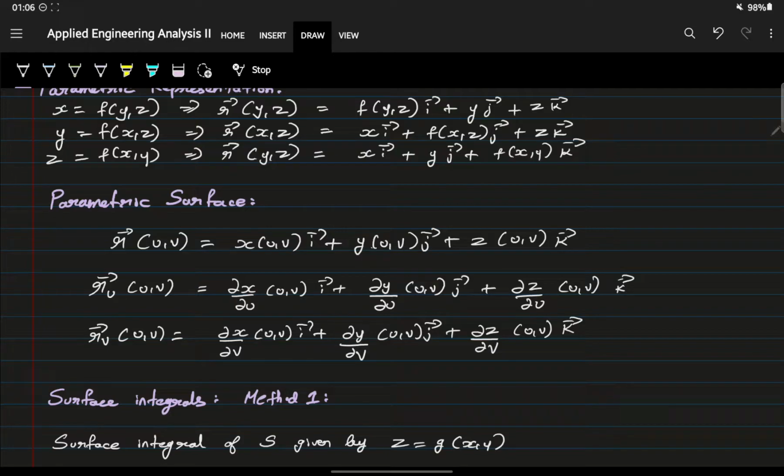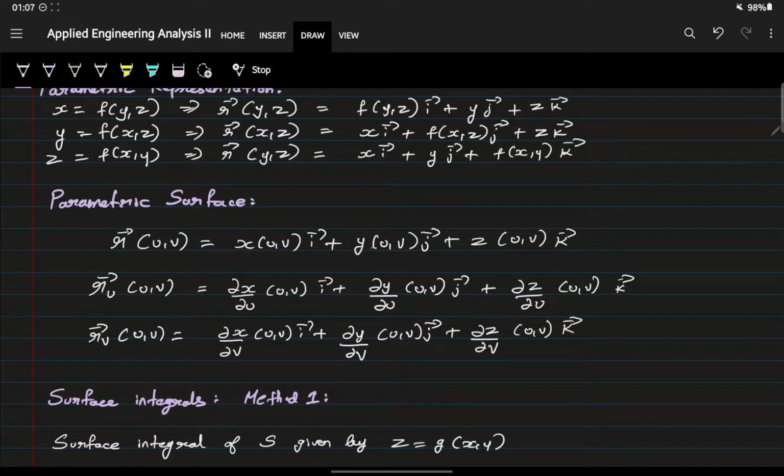Similarly for v, we get the partial of x with respect to v, y with respect to v, and z with respect to v. Sometimes you might see theta and phi as well, so whichever parameters we are using, we have to partially differentiate with respect to them.